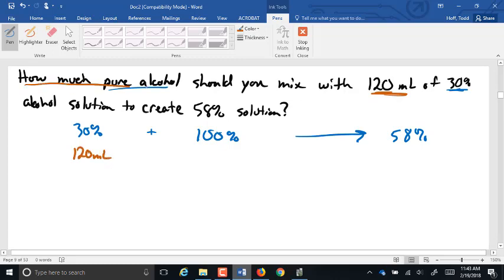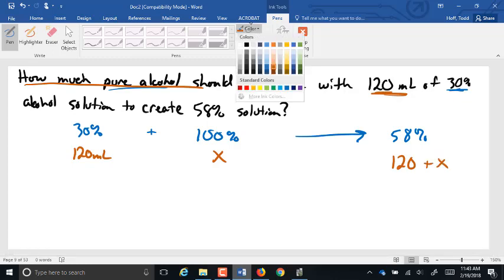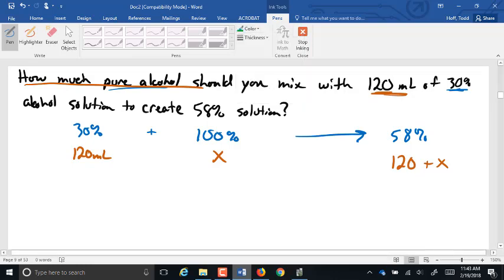So 120 milliliters of that. We're looking for how much pure alcohol. So let X be the amount of the 100%, the pure alcohol. So the amount for the 58% solution, we just add those together, 120 plus X. So now we'll create our equation. For the 30%, it's concentration times volume.